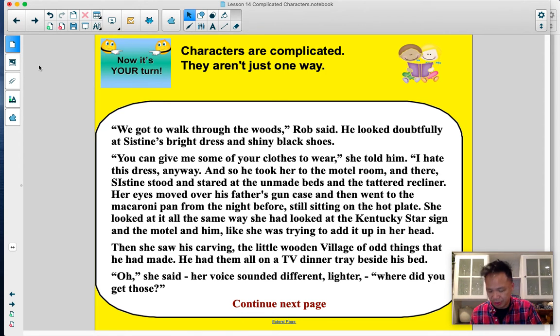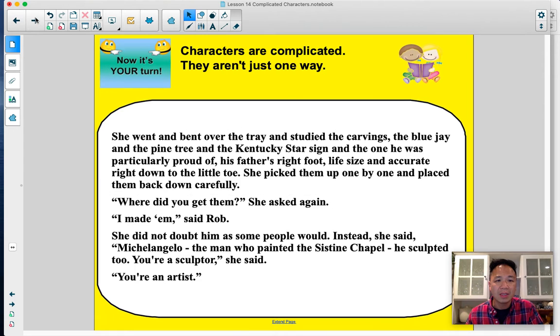"Where did you get those?" She went and bent over the tray and studied the carvings, the blue jay and the pine tree and the Kentucky Star sign, and the one he was particularly proud of, his father's right foot, life-size and accurate right down to the little toe. She picked them up one by one and placed them back down carefully. "Where did you get them?" she asked again. "I made them," said Rob.